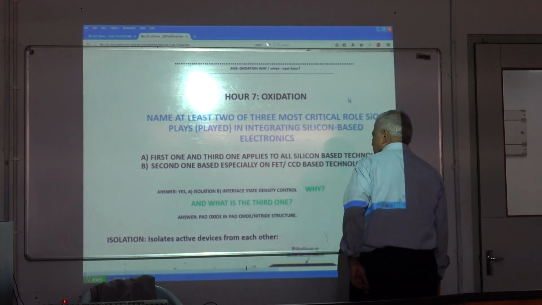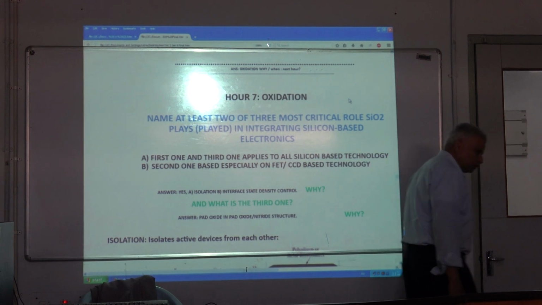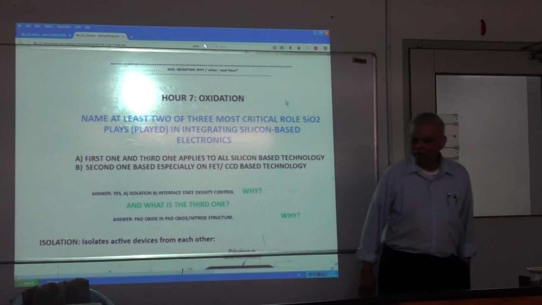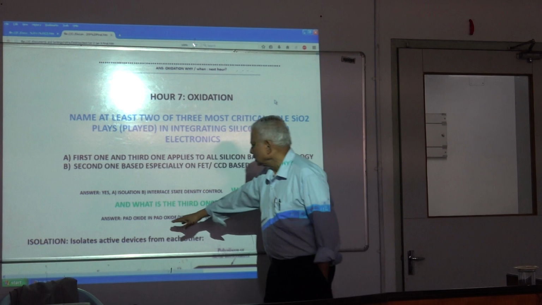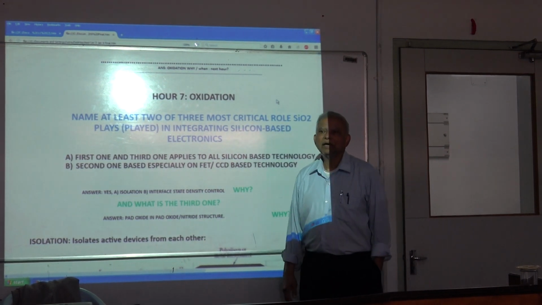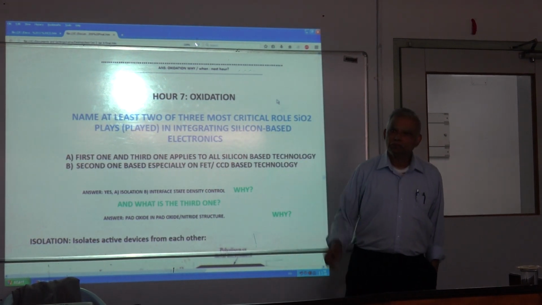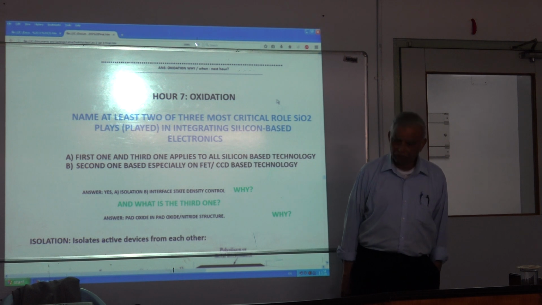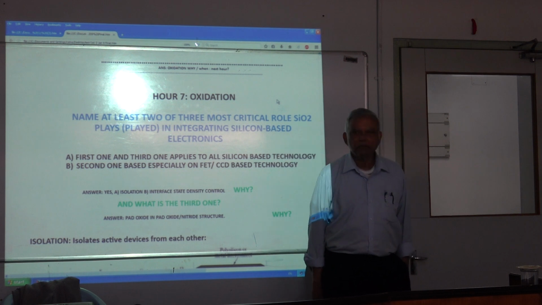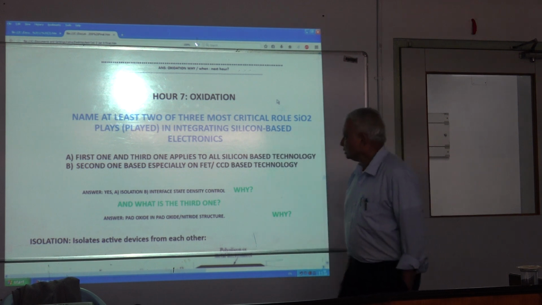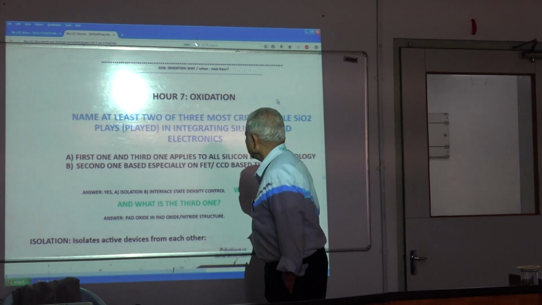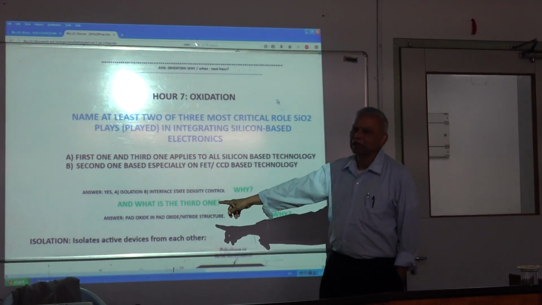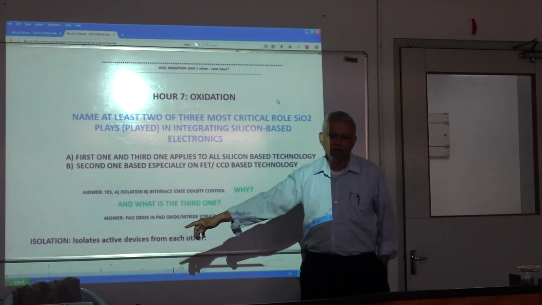What's the third one? The third one is what you already mentioned: the passivating oxide, which helps us identify the region that we are going to put active devices in, and the region that we are going to keep passive, keep isolated, etc. And that's pad oxide, and typically the pad structure is an oxide nitride structure.